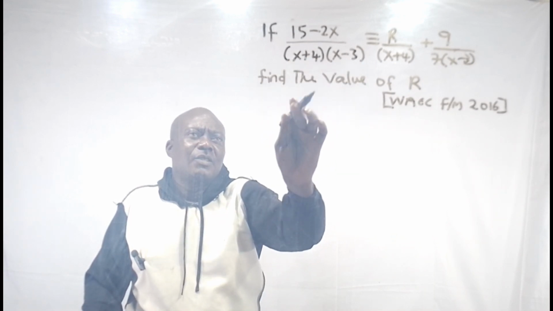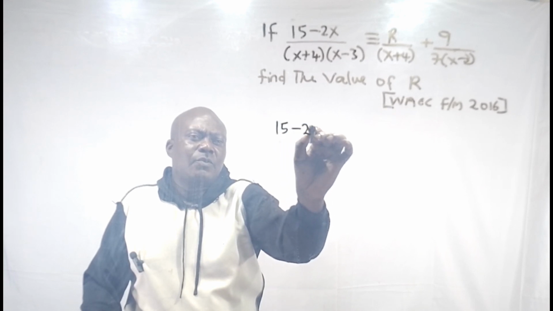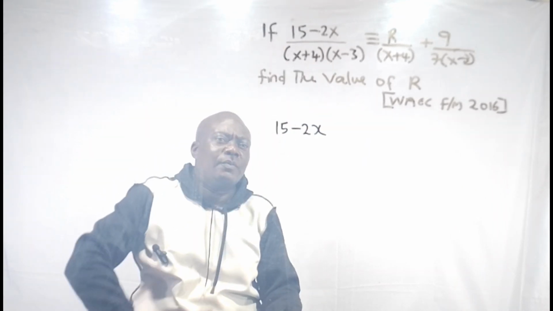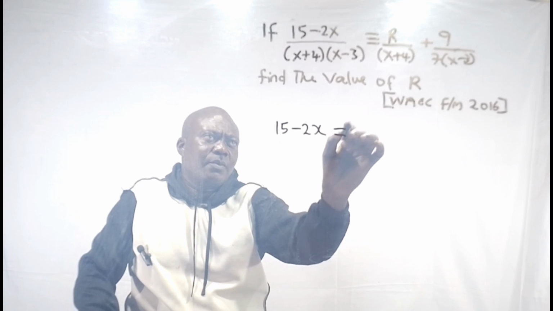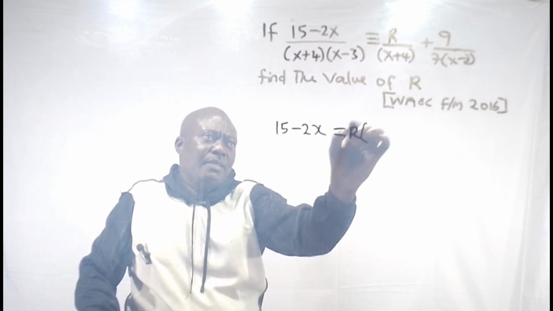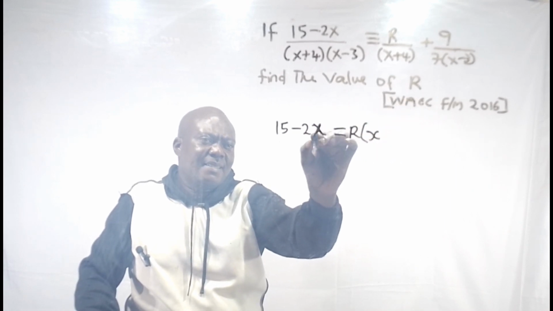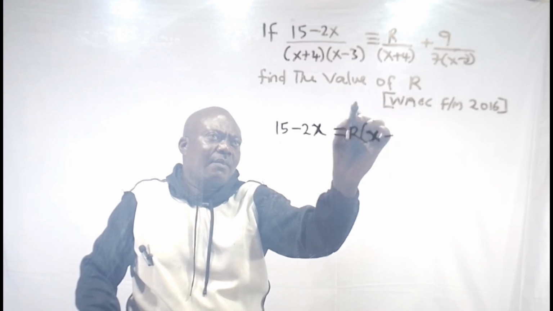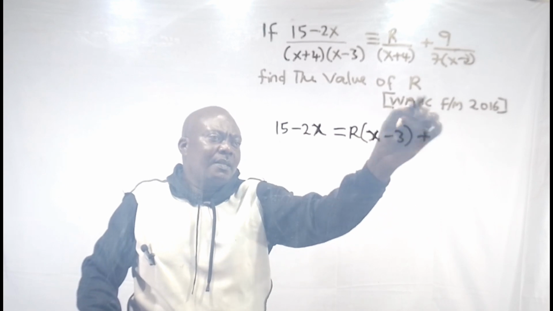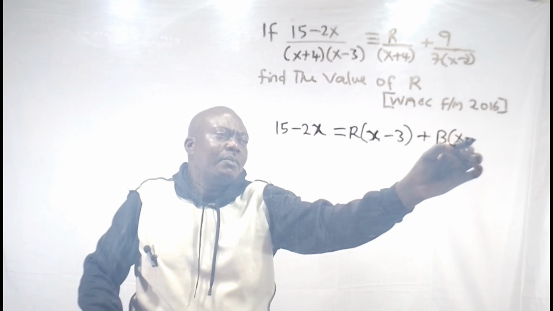So this one will now become 15 minus 2x, equals, in this case, r into x minus 3, plus the other one, let's call it b into x plus 4.